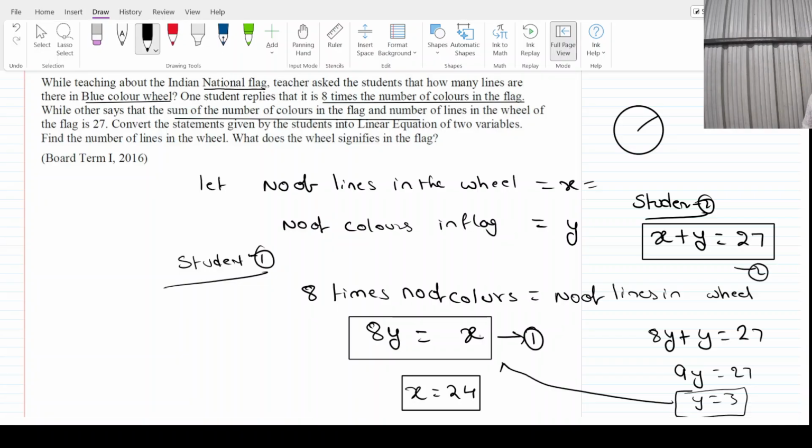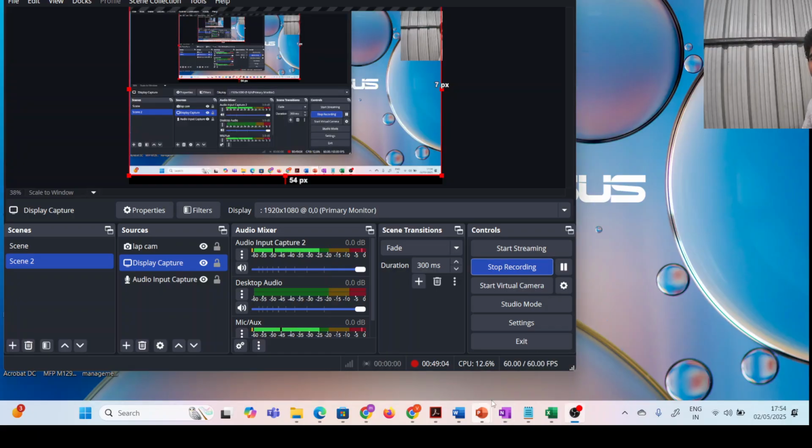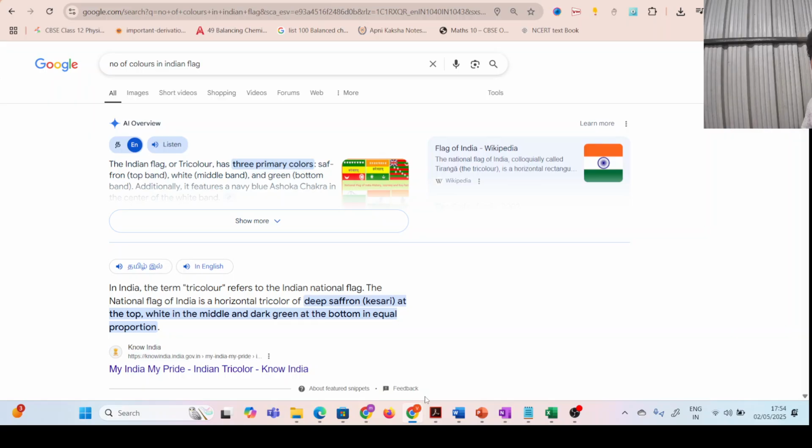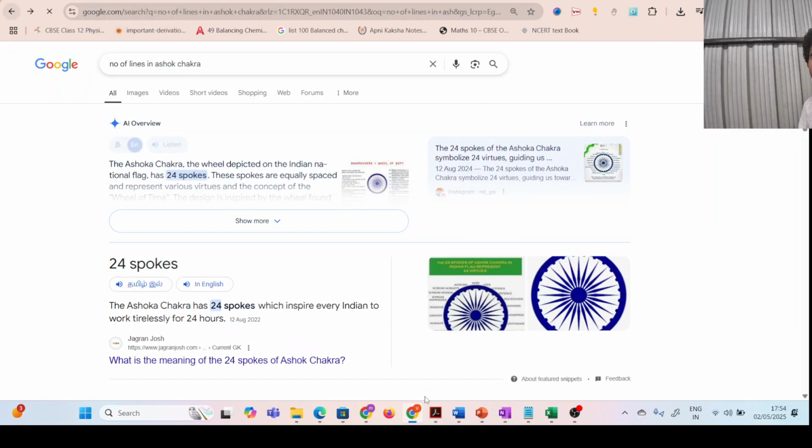What else? What does the wheel signify? What does it mean?